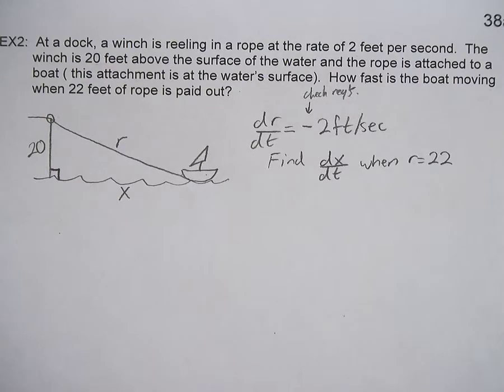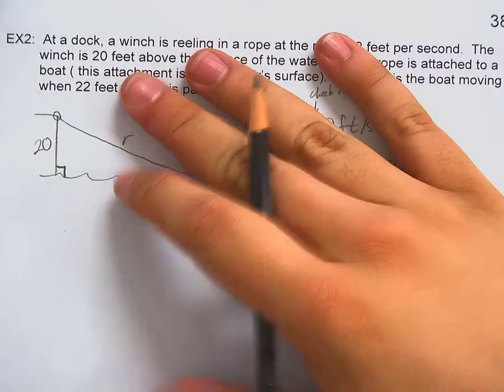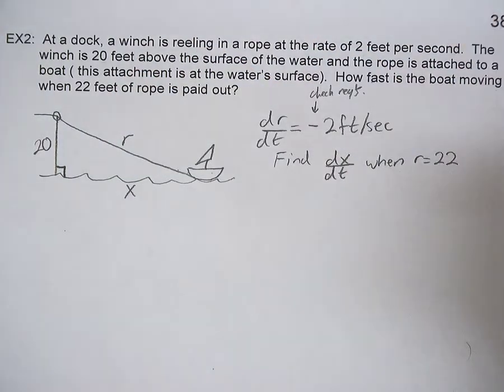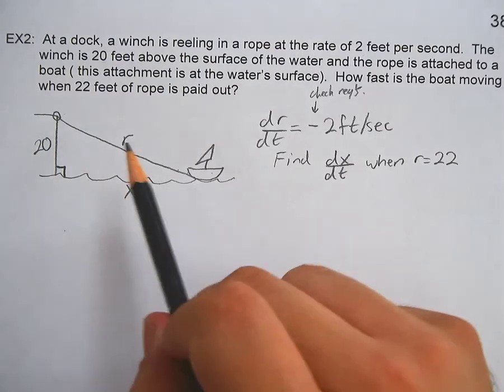So I've got to come up with some relationship between three sides of a right triangle. Epiphany! How about the Pythagorean theorem? We can use that, right? Does the Pythagorean theorem relate three sides of a right triangle?